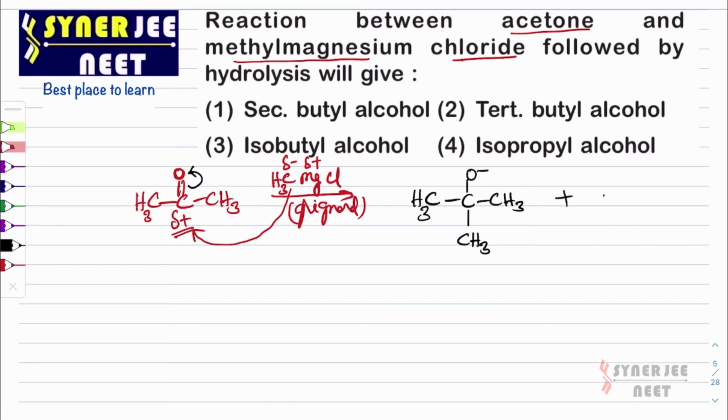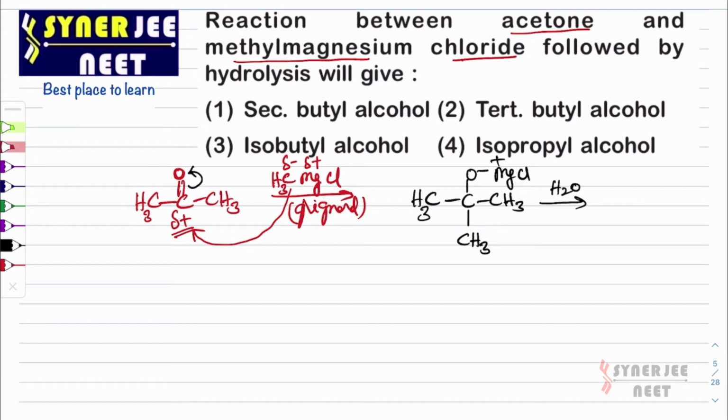And what is the byproduct? The byproduct will be magnesium. Actually the magnesium will be going and coming here, magnesium chloride like this. Now when you hydrolyze this using water or acid water, a couple of different reagents can be used, but in that process the main thing that happens is that the O minus picks up the hydrogen from the reagent.